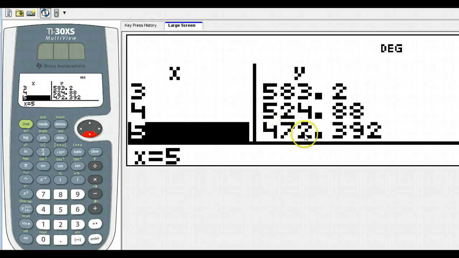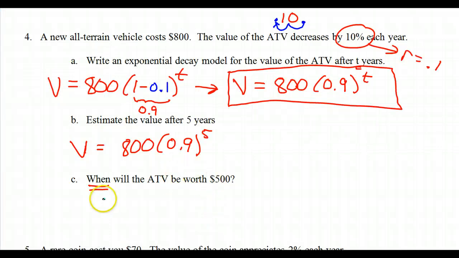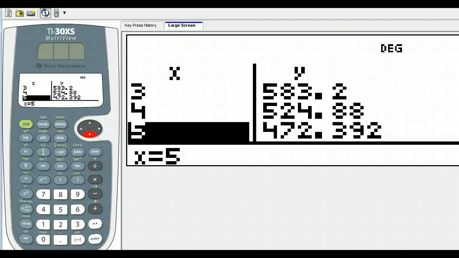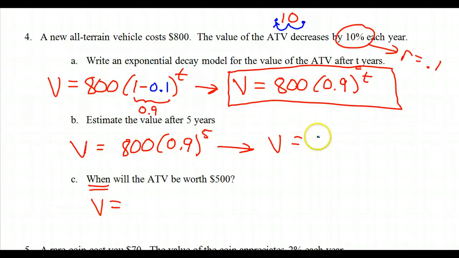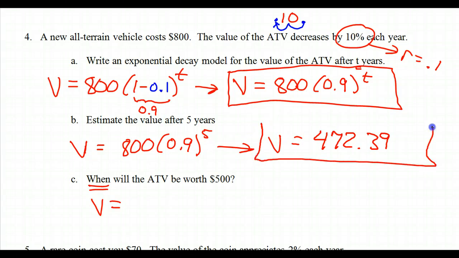So after 5 years, the value is down to $472.39. So that's the estimate for that.